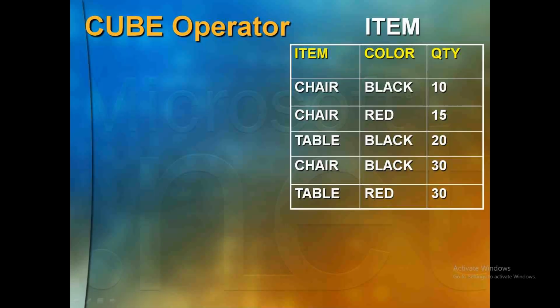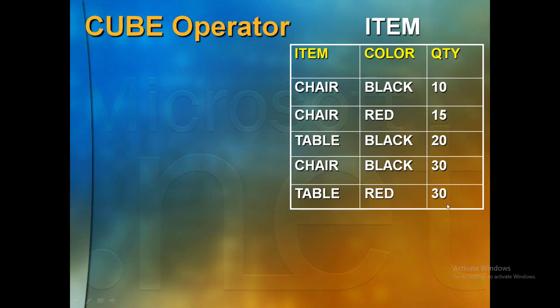Now let us understand: a company has a lot of chairs, and these guys are selling these many chairs. Black color chairs, they sold 10 quantity. Red color chairs, they sold 15 quantity. Table black color, they sold 20, and chair black color they sold 30 quantity.